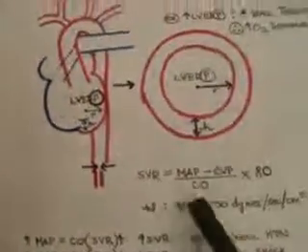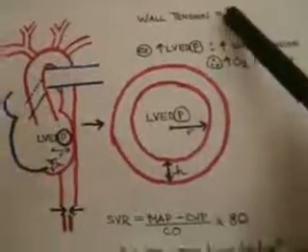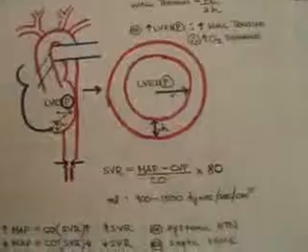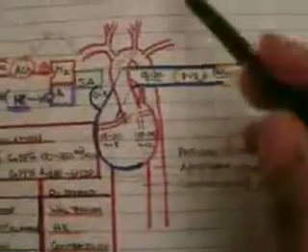So this was a correlation of afterload in relationship to wall tension and systemic vascular resistance. In the next lecture, we'll talk about contractility and how contractility has an effect on cardiovascular function.